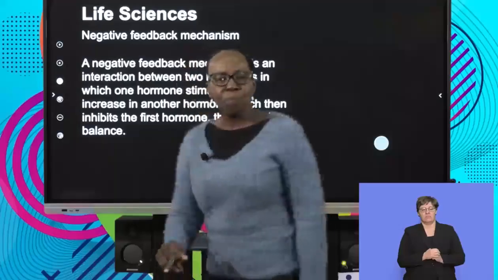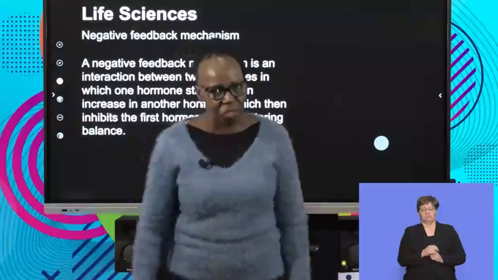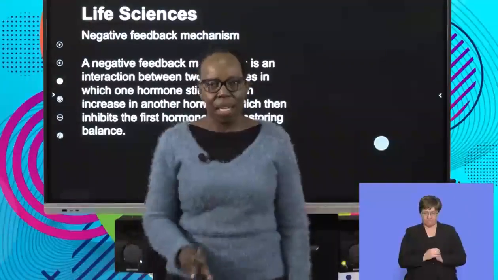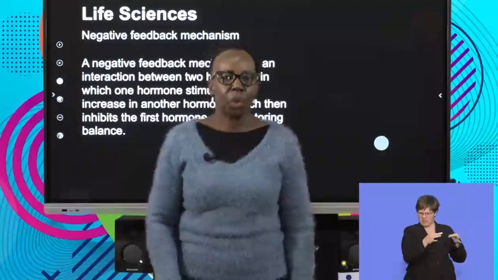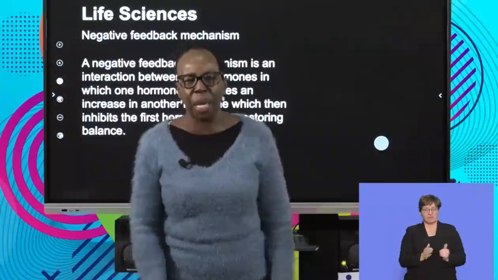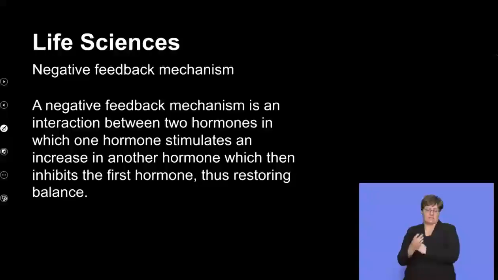Now, we look into negative feedback mechanism. I explained homeostasis, the internal environment that is kept balanced. Now we're looking at the negative feedback mechanism. Negative feedback mechanism is an interaction. What?